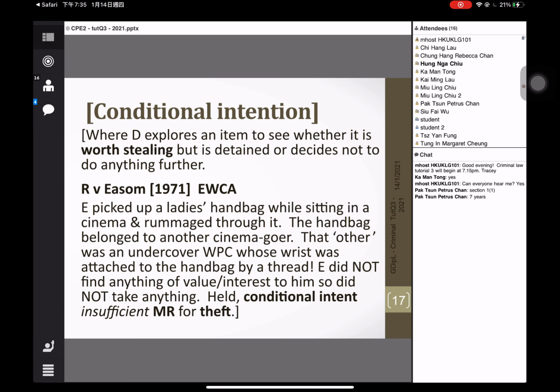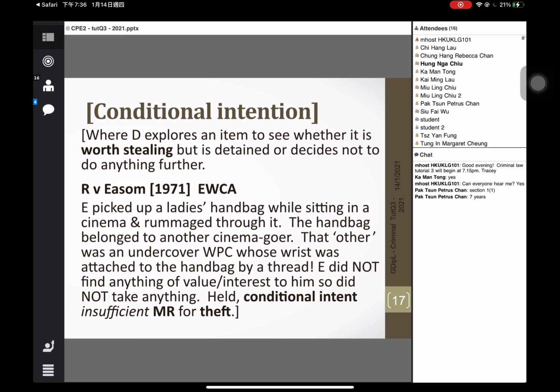Even though in theft conditional intention is insufficient mens rea, for attempted offences and also burglary with intent, conditional intention has been held to be sufficient. Esom illustrates this point. Esom picked up a lady's handbag belonging to a fellow cinema goer.